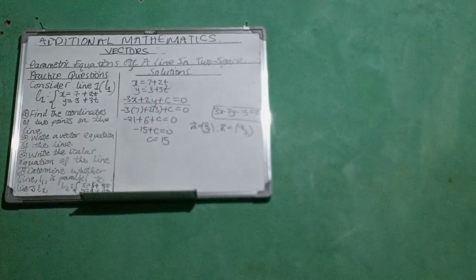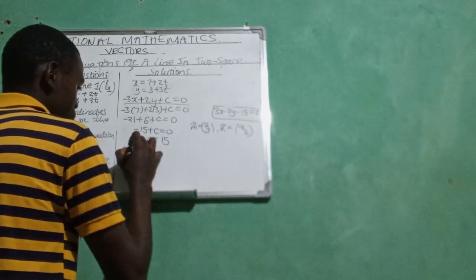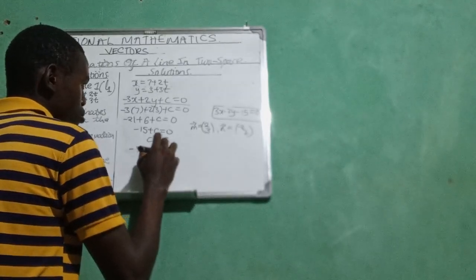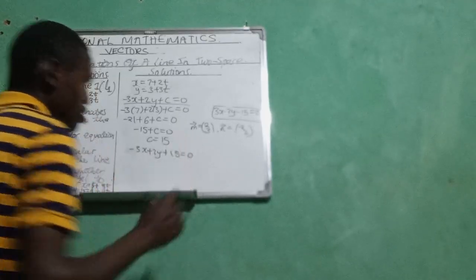So this was our equation in the beginning. Now we found the value of c. Since we didn't know the value of c here, we found it to be 15. Therefore, the scalar equation would, first of all, be negative 3x plus 2y, c is plus 15, is equal to 0.